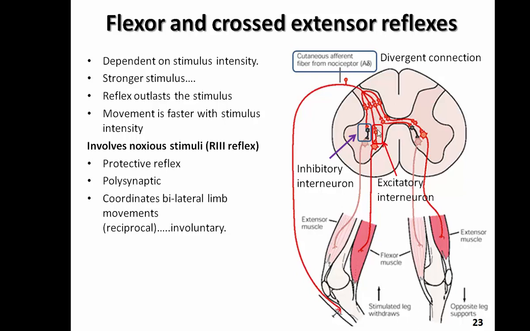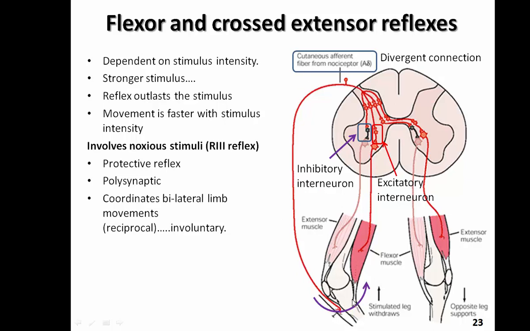This excitatory interneuron will synapse with alpha motor neurons that are connected to flexor muscles. And this is what is often referred to as the flexor withdrawal reflex in response to tissue damaging skin tissue, because this is coming from a cutaneous afferent signal.